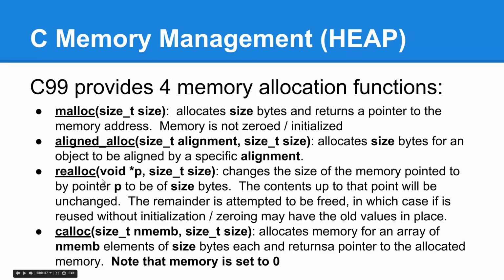Realloc will take a memory chunk and try to expand or contract it to the new size, and the contents up to that point will be unchanged. The remainder of the chunk will be attempted to be freed if there's multiple for that. Calloc will attempt to perform the same as malloc and also zero out that memory. And by zero out, it means setting every byte to 0.